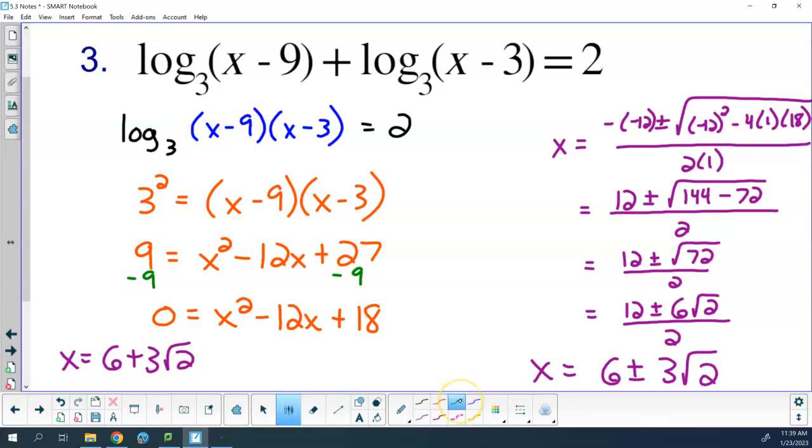That would be log base 3 of 10.24 minus 9, 1.24, plus log base 3 of 10.24 minus 3, 7.24. Check out and see if that is close to 2.